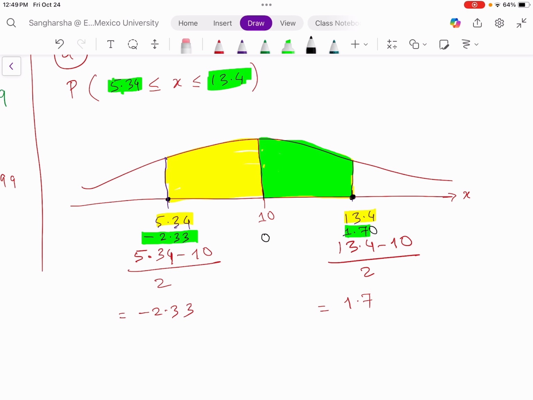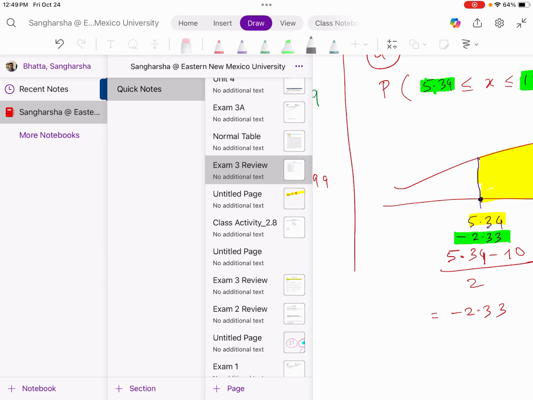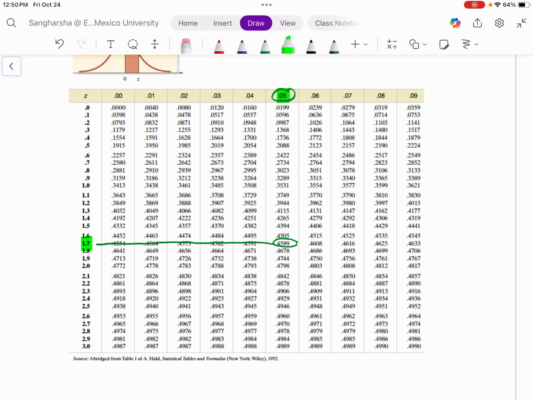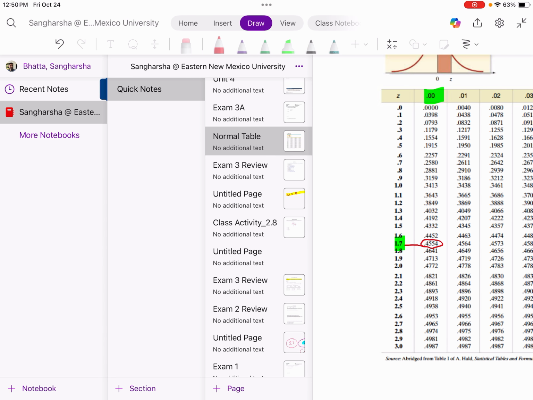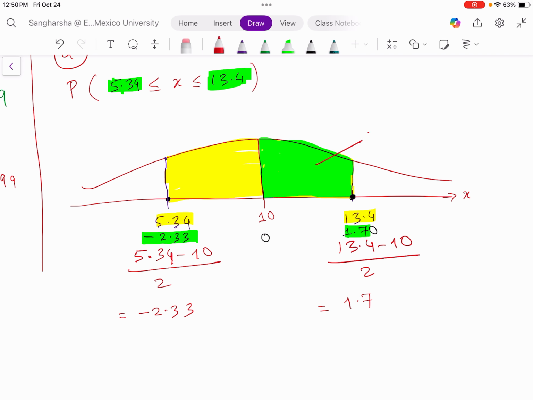Now let me go to the z table and look for the probability. So at first we locate 1.7. So 1.7 is here and 0 is here. So the corresponding value is 0.4554. So this is 0.4554.